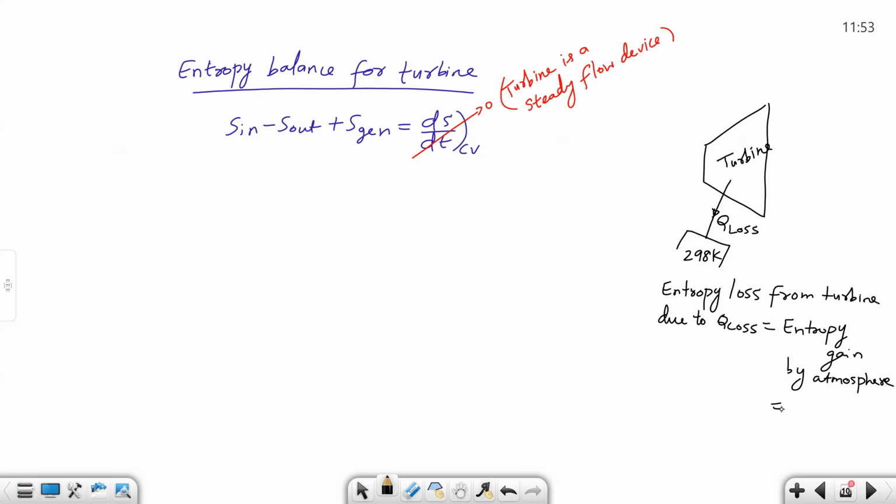So this entropy gain is heat loss by 298 Kelvin.